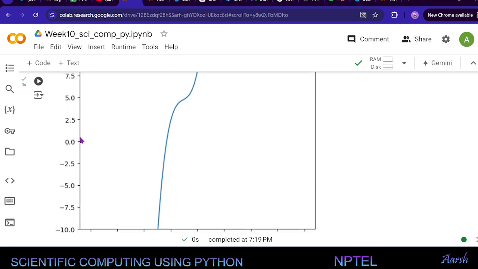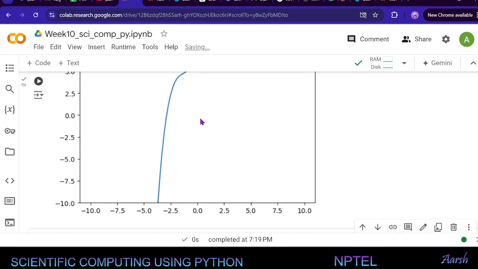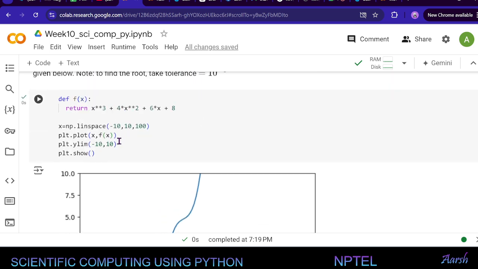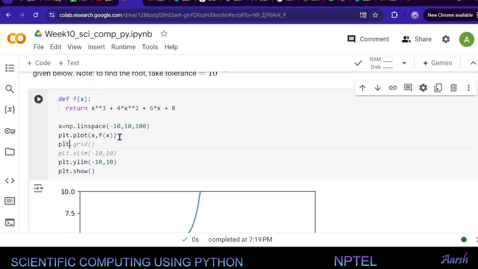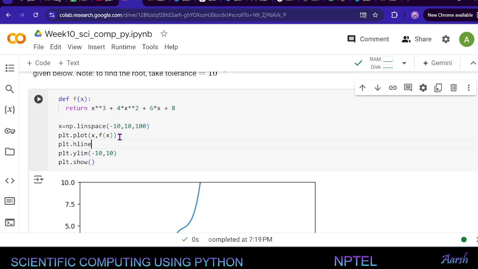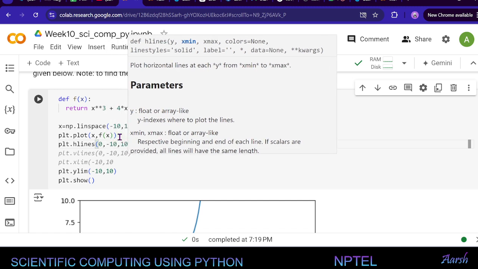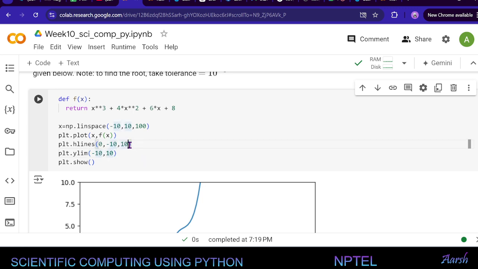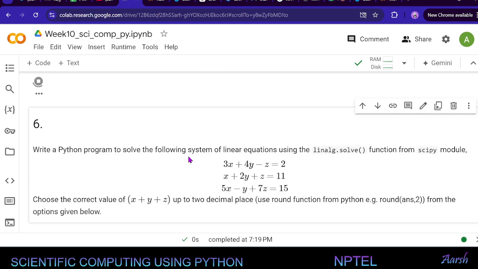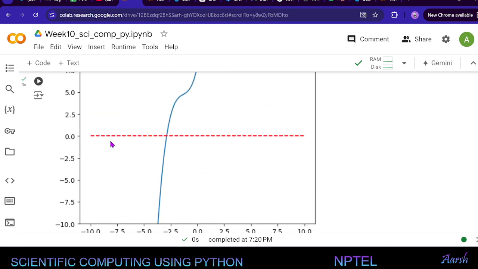And so 0 is somewhere here, so we can actually draw the 0 using hlines. plt dot hlines at 0 from minus 10 to 10, and let's give it some color, red, and it should be dashed. Well, so this is the 0, and this is the point we are hunting.